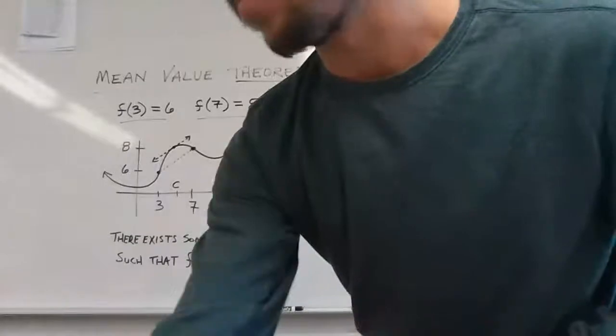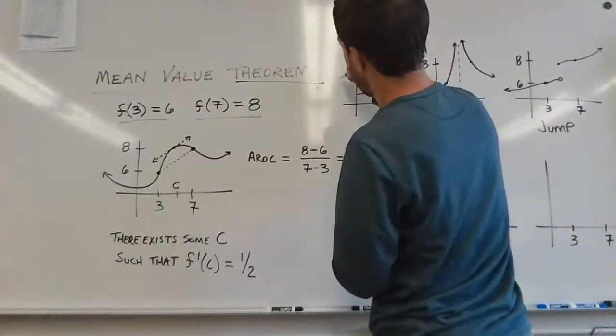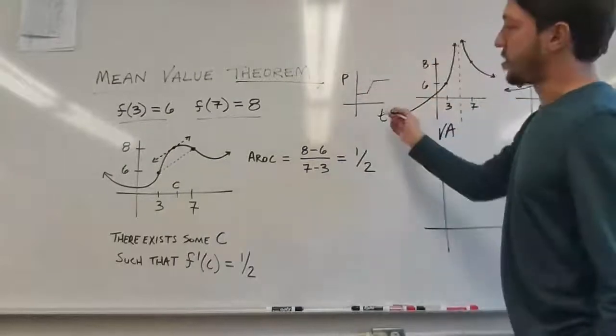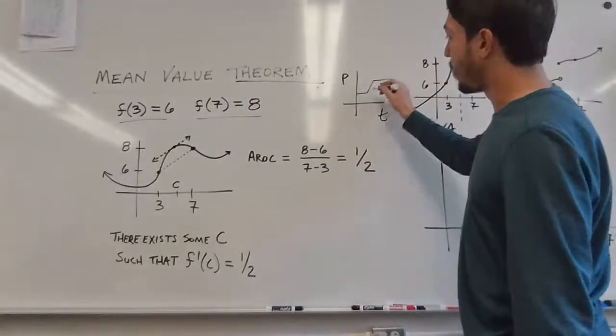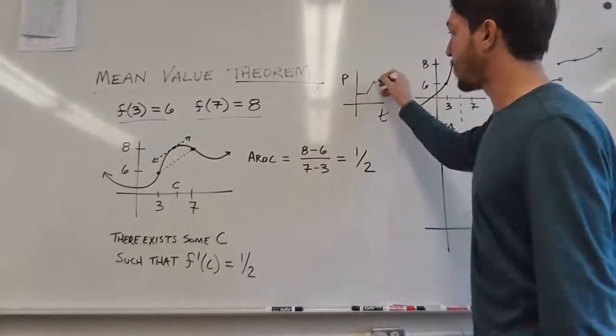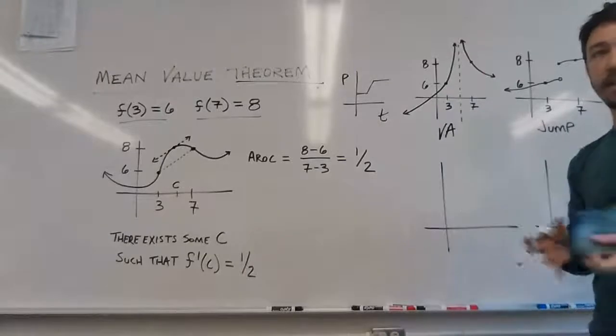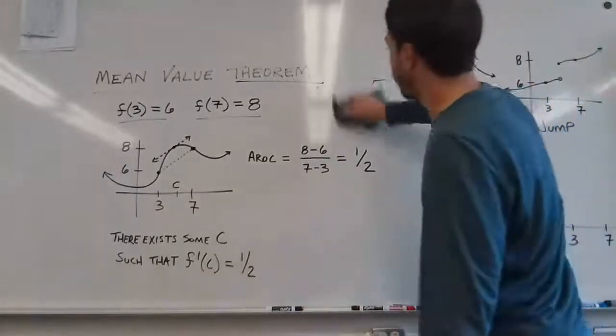But if you did make this position versus time, you're going from effectively infinite acceleration, because you're going from say 0 velocity up to some non-zero velocity with no change in time. So yeah, you'd be destroyed.